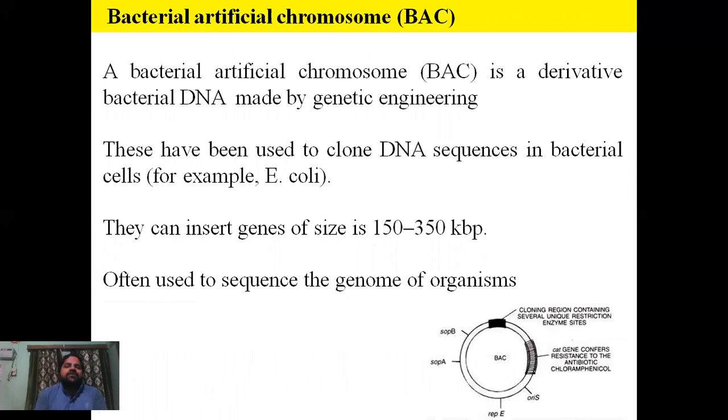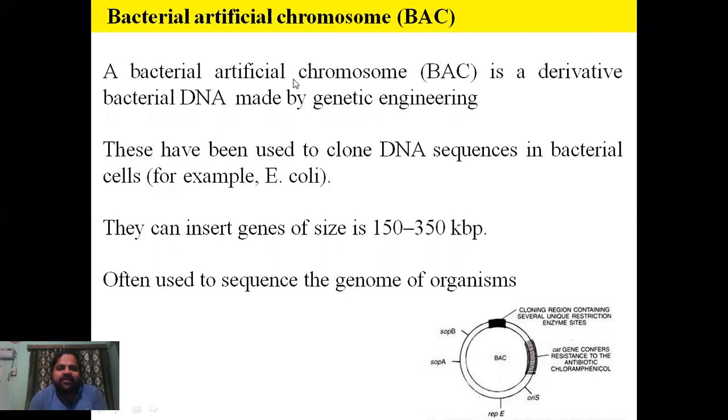The next is BAC, bacterial artificial chromosome, and we can see the structure of this. A BAC is a derivative of bacterial DNA made by genetic engineering.